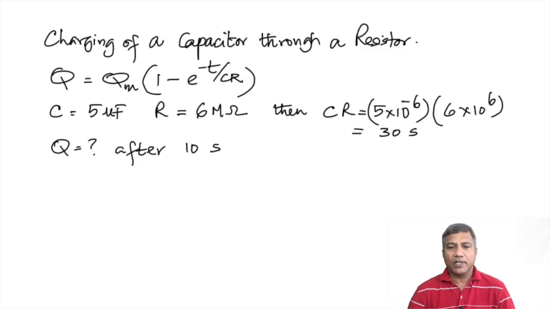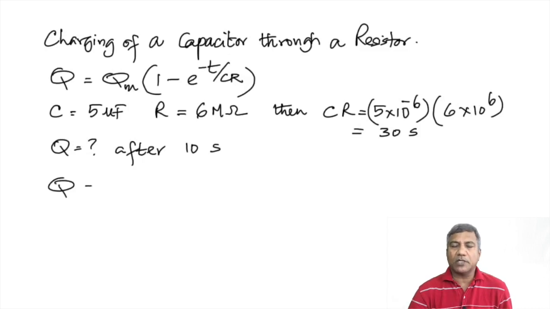Really, time constant is the time taken for the charge to build up to 63.2% of the maximum charge. That is the definition of time constant, and you need to know that. And then let's find the charge on this capacitor after 10 seconds. In order to do that, we have to use this formula, but first we have to find the maximum charge on the capacitor.